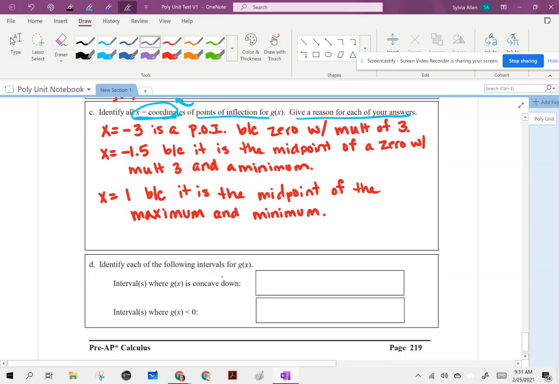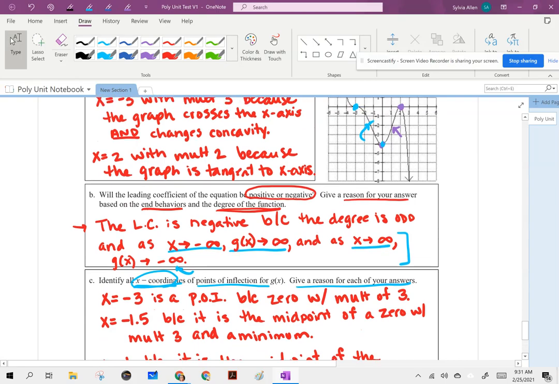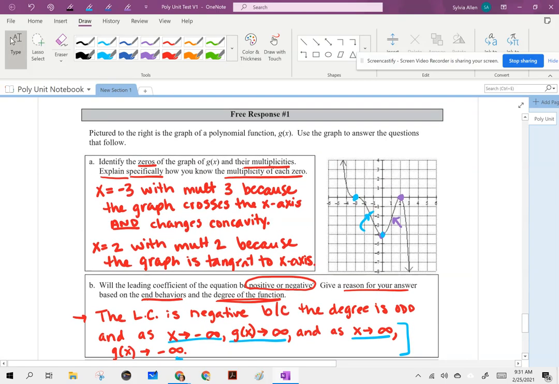It says identify each of the following intervals. On your test, I only asked you where it was concave down. When it's concave down, there are two types. This one is concave down but increasing, and this one is concave down but decreasing.